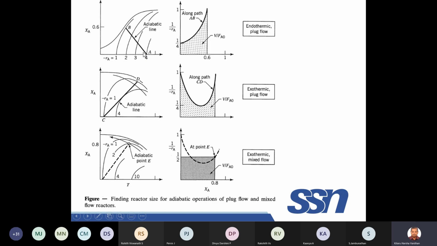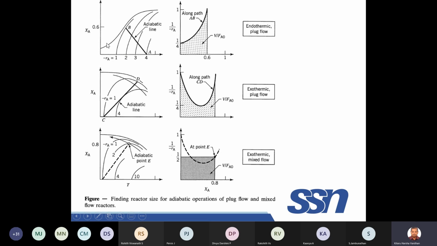So how do we find that size? This energy balance line is touching RA1, RA2, RA3 and RA4. Correspondingly, you can take your XAs.